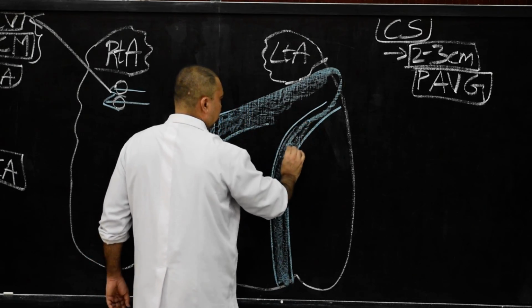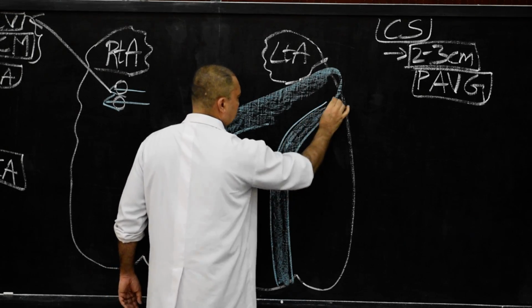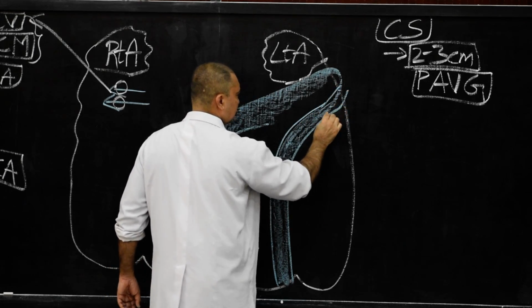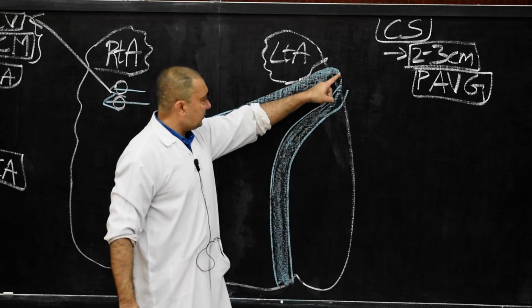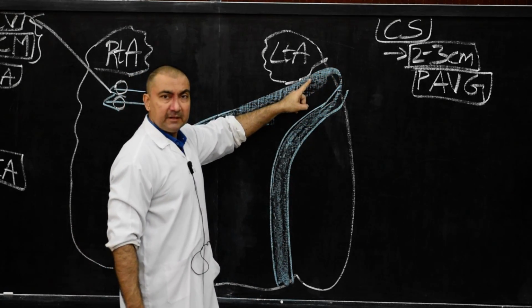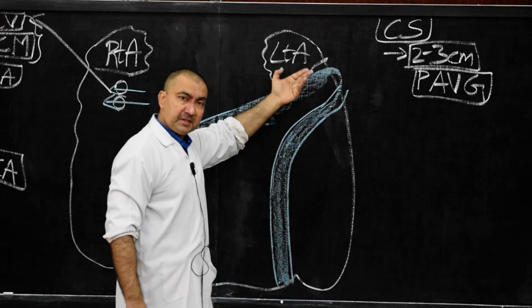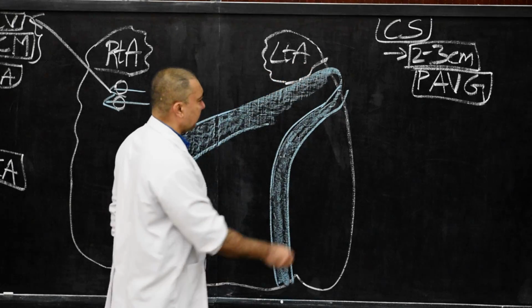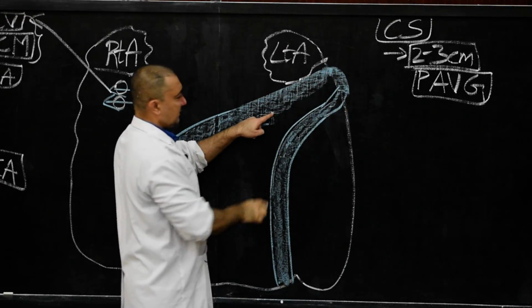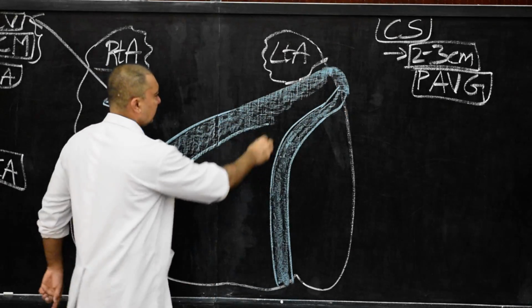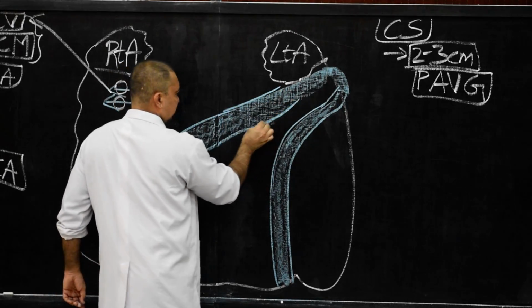This great cardiac vein is continuous across the left border of the heart, and across the left border it continues in the left atrioventricular groove. Then in the posterior part of the left atrioventricular groove, it continues with the coronary sinus. So this is how the coronary sinus starts.